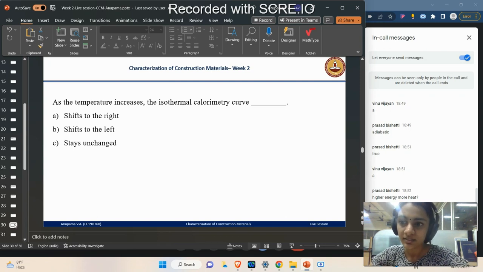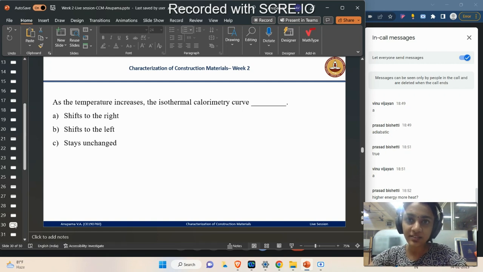Okay. So here the question is, if the testing temperature increases, does the isothermal calorimetry curve shift to the right, shift to the left, or stay unchanged?